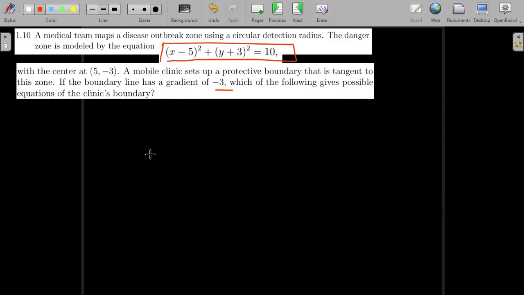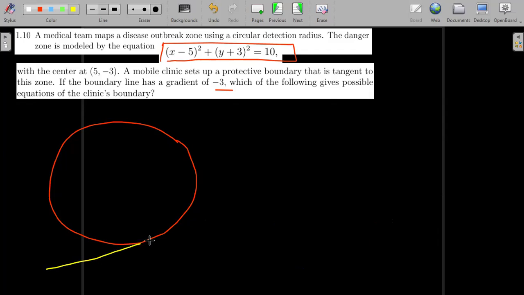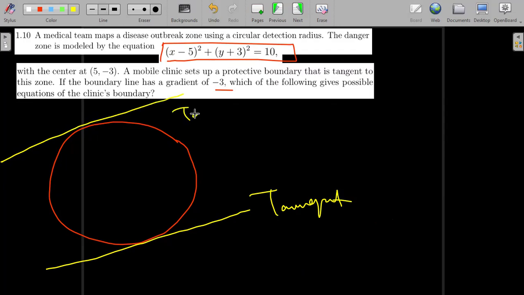So it's like the danger zone, it's in form of a circle like this, right? Okay, and then they're saying to this circle, there's this tangent line that touches this circle at one point like this. So this is the tangent. Okay, but again, this tangent, we can also draw it this way, like that. That is also the tangent.